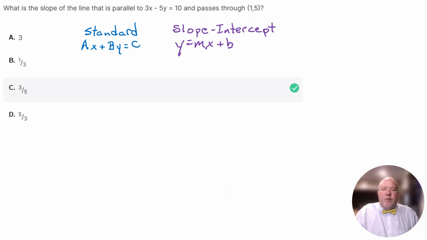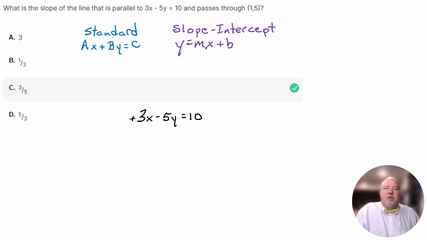All right, so let's work on this. We start off with 3x minus 5y equals 10, and I'm trying to get it into slope-intercept form, so I want to isolate the y. I need to get rid of the 3x and the 5, and we're going to get rid of the 3x first. This is a positive 3x; don't look at that minus sign, that goes with the 5y.